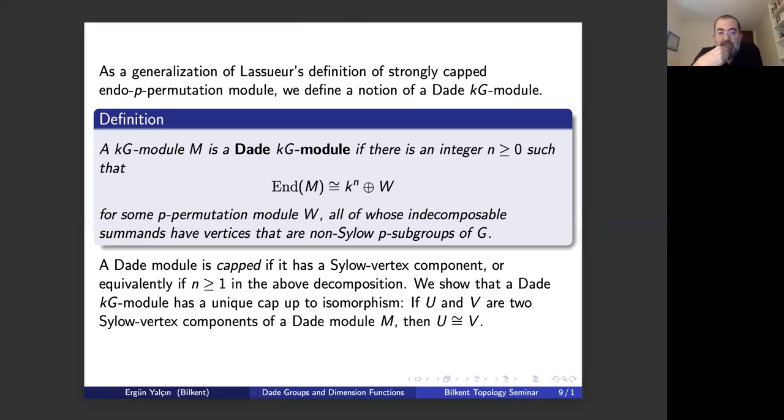We define the notion of capped, which is basically saying that at least one copy of k appears. And then we prove that every Dade kG-module has a cap, so a summand which has a zero vertex component, and these zero vertex components are all isomorphic to each other.